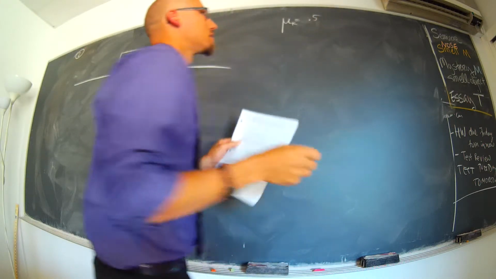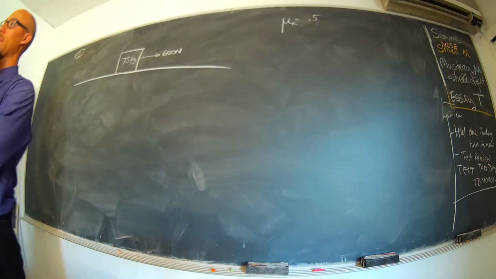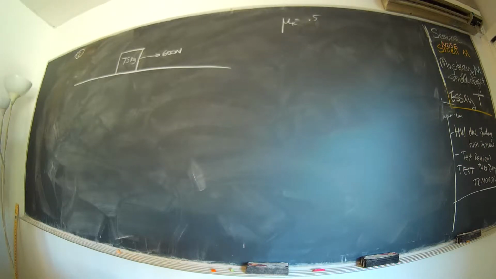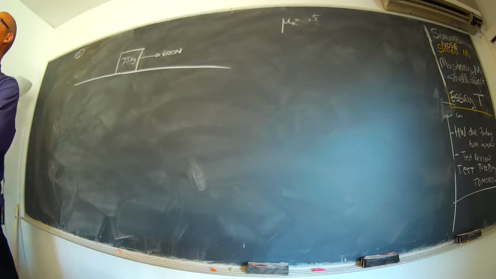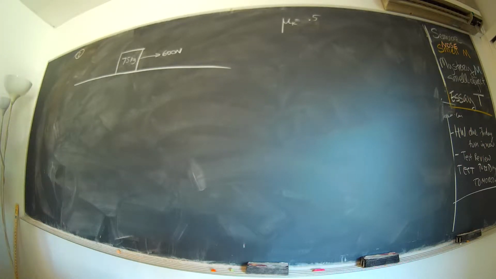What's the difference between saying coefficient of friction or force of friction? Coefficient has no units. Force has units of newtons. If they gave us the force of friction, we wouldn't need the coefficient, because we use the coefficient to find the force of friction, right?